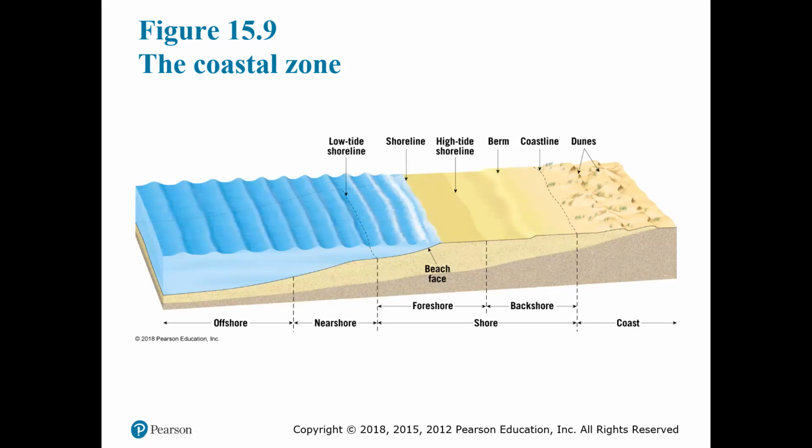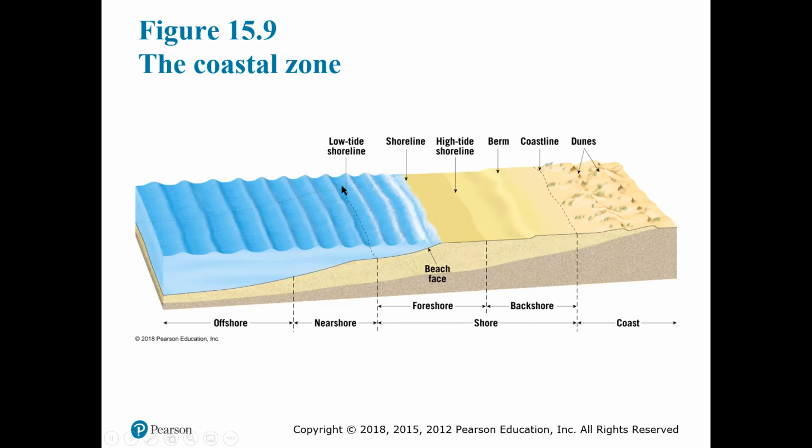But as the tides come in for high tide and go out for low tide, the position of the shoreline is going to change. The shore, you see here, is the area that's between the lowest tide level and the highest elevation on land that is affected by waves.